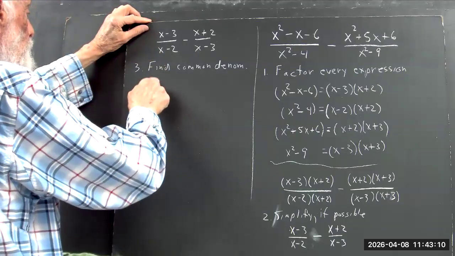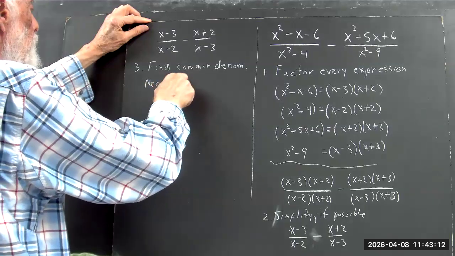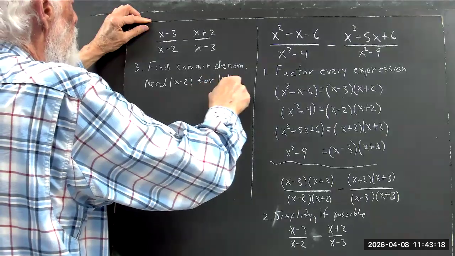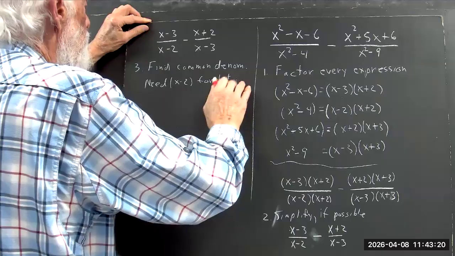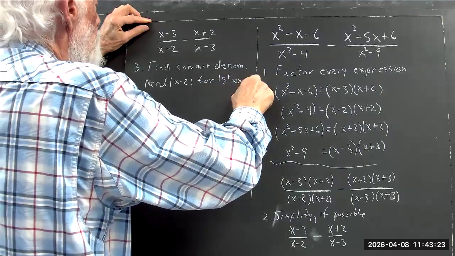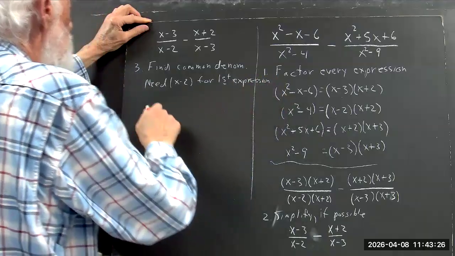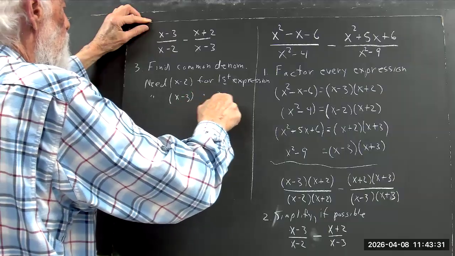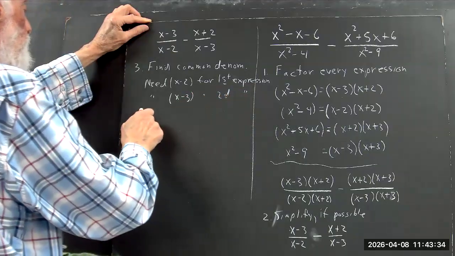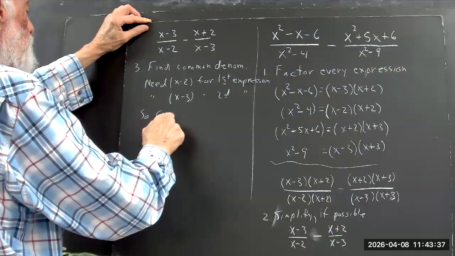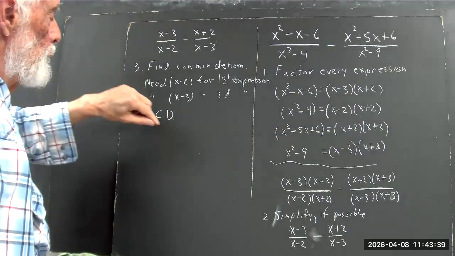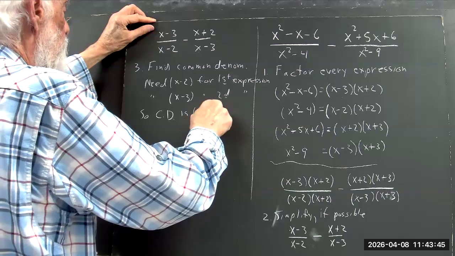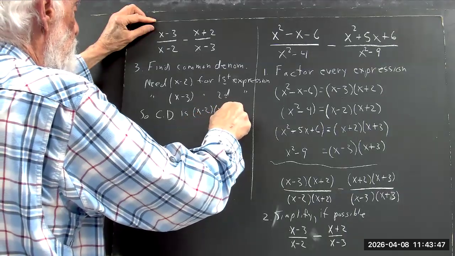We need x minus 2 for the first expression. And we need x minus 3 for the second expression. So CD, which is the abbreviation I'll use for common denominator, is x minus 2 times x minus 3.